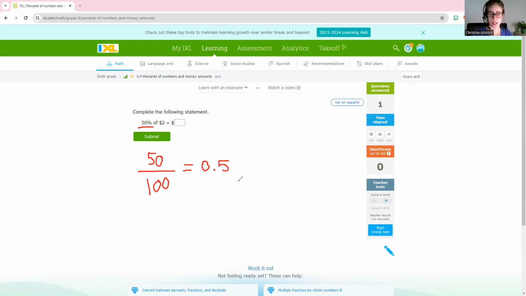Now we can take that decimal form of our percent and multiply it by the number we're trying to find a percent of, which is $2. That's going to give us the answer of $1. So 50%, half of $2, is $1. And this is one where, if you think about it, it makes sense, because 50% is half of 100. So we're finding half of $2, which is $1.